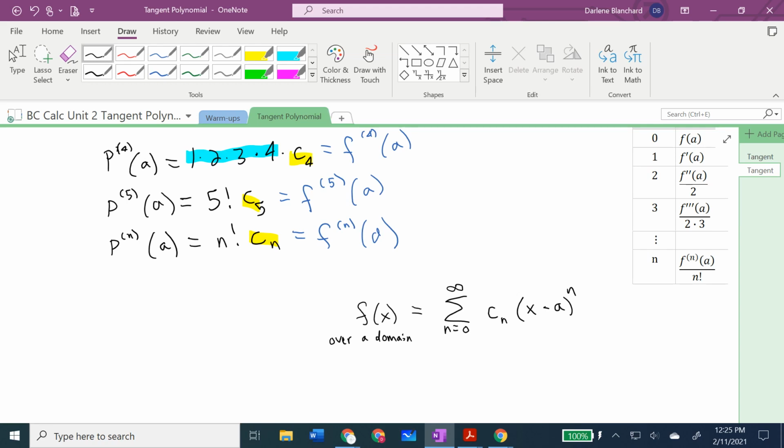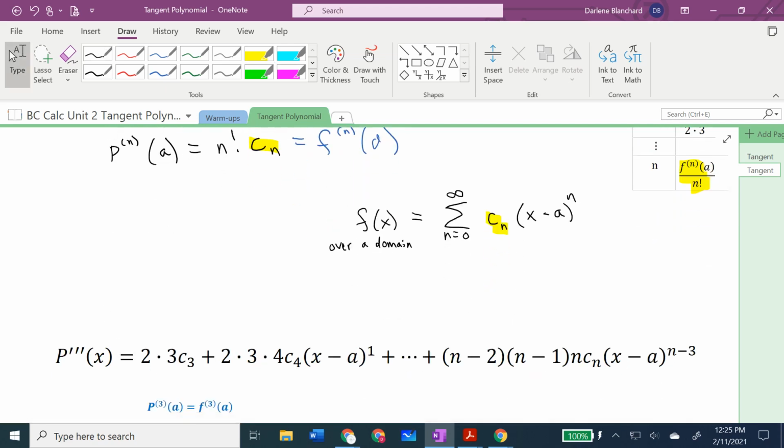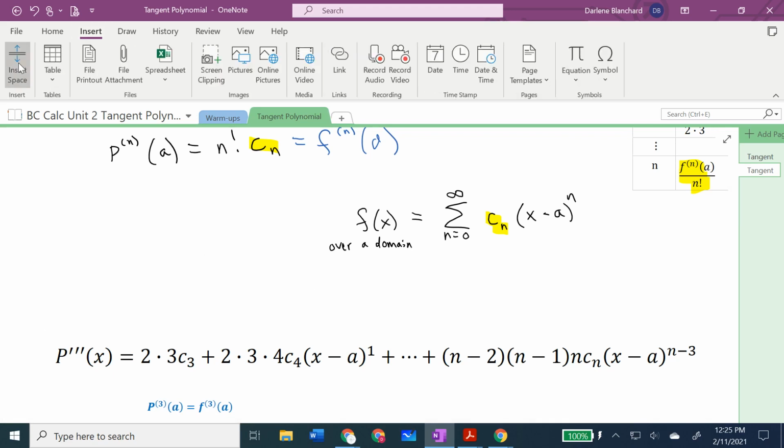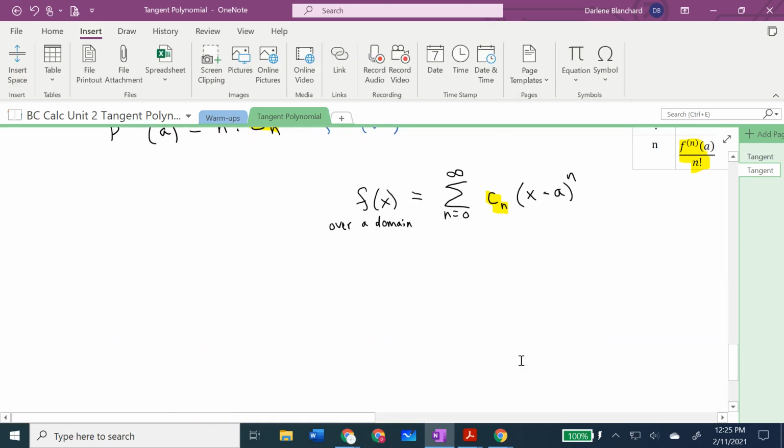Now I'm not done because I need to combine formulas. This is the most important formula on the BC Calculus exam. And did you hear what I just said? This is the most important formula on the entire BC exam.